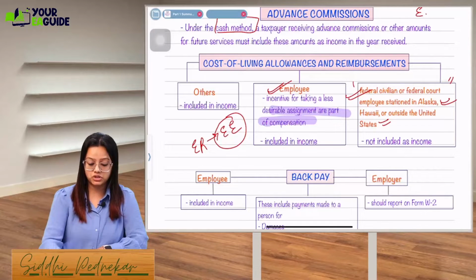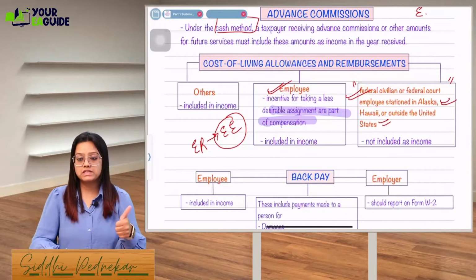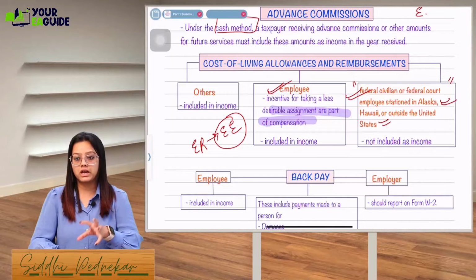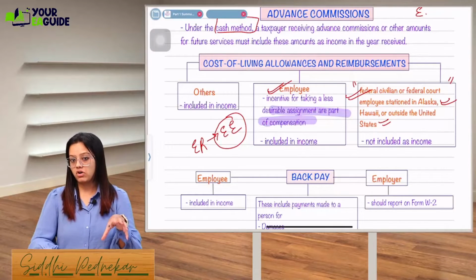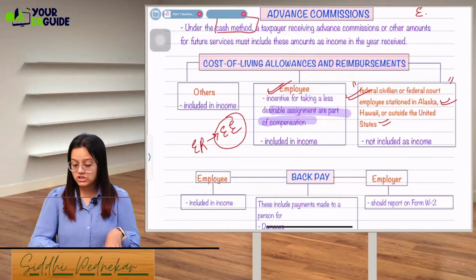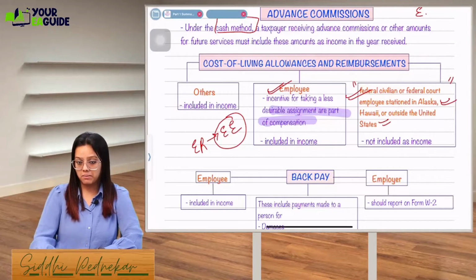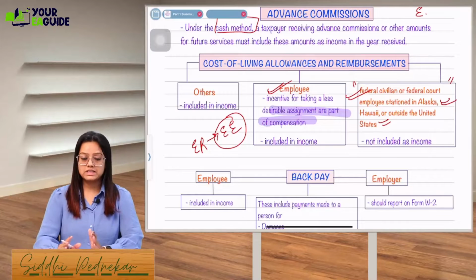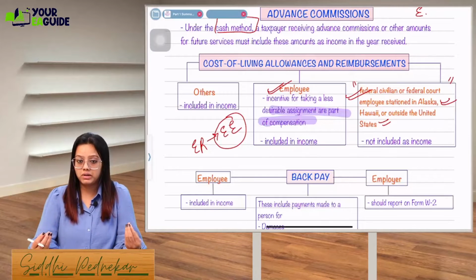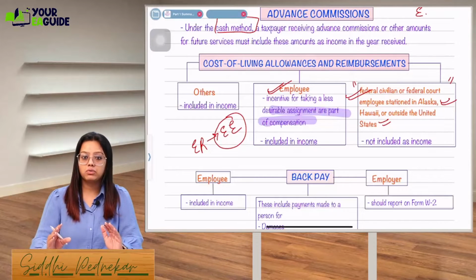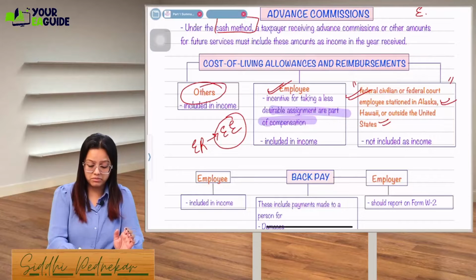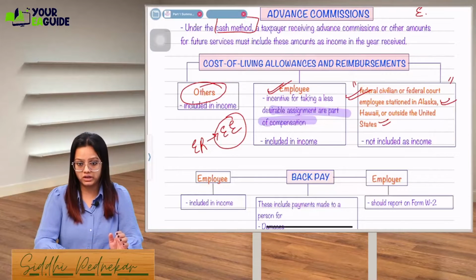Remember this exception: only this type of employee, federal civilian or federal court employees stationed in Alaska, Hawaii, or outside the United States. If they receive a cost of living allowance or any reimbursement from the employer, it will not be included in the income. But for all the rest of the employees, living normally in the United States, any living allowance received from the employer will be included in your income. For any other type of employee, it will be included in income.